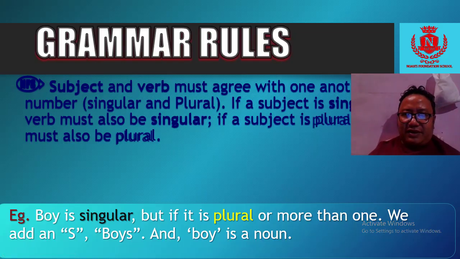Drink doesn't have an S, but as a verb it is a plural word, because it doesn't have an S. But words that have an S are singular in verbs. Okay, it's the opposite of nouns.